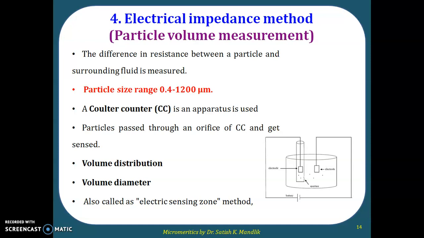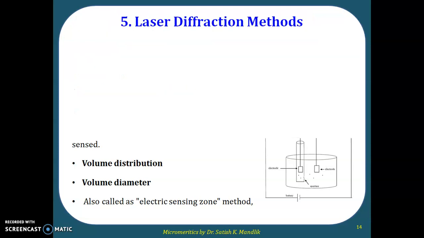Only electrolytic solutions can be used in the particle impedance method. The volume is measured, therefore the frequency distribution is volume distribution, and the equivalent spherical diameter is volume diameter. This method is also known as electrical sensing zone method.